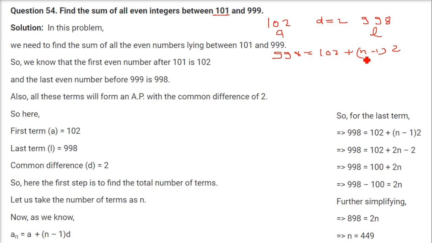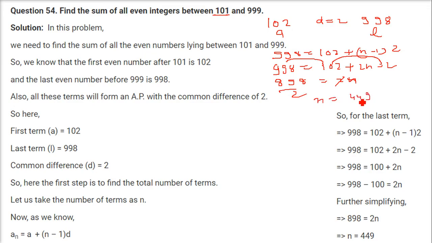We have to find this n first. So 998 is 102 plus 2n minus 2. 102 minus 2 is 100. 998 minus 100 is 898. So 2n is 898, divided by 2, n becomes 449. So there are 449 even terms between 101 and 999.